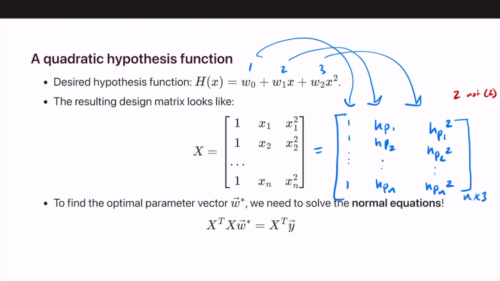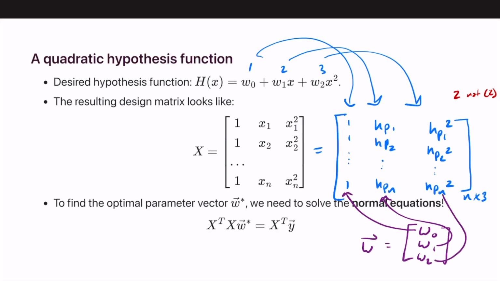And as long as we have that design matrix, and we also have our W vector, which in this case is going to be 3 things, W0, W1, and W2, corresponding to each column, then for each row in our observation matrix, we're going to multiply it by the entire W vector.